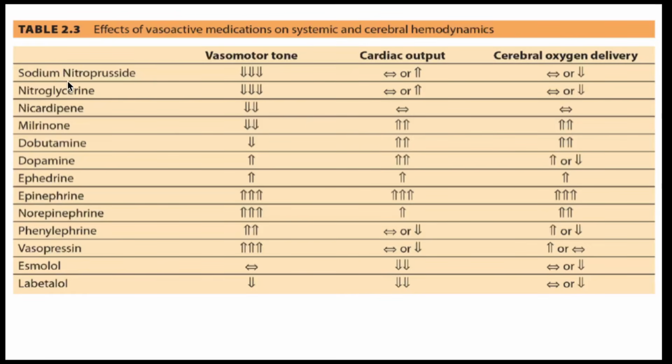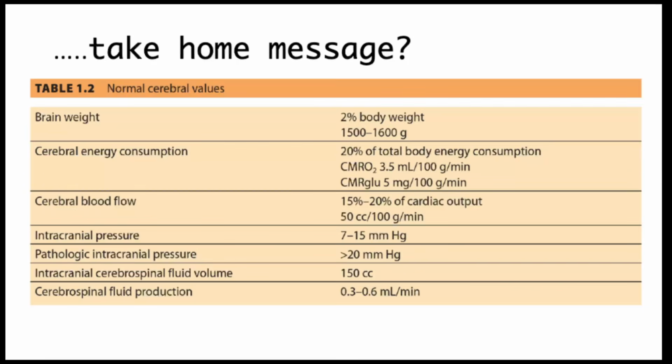So if you look at this graph over here, it's very busy, but basically it shows you what sodium nitroprusside and all of these vasoactive drugs do. And as they do in the body, they do in the brain. So sodium nitroprusside will decrease blood pressure. It will cause vasodilation. Whereas adrenaline, noradrenaline will increase cerebral blood flow, will increase cerebral oxygenation, but will also increase intracranial pressure.